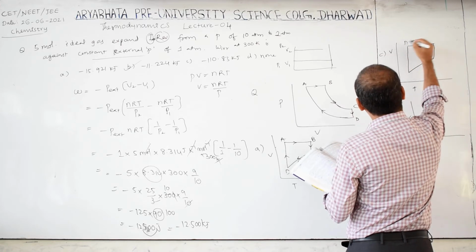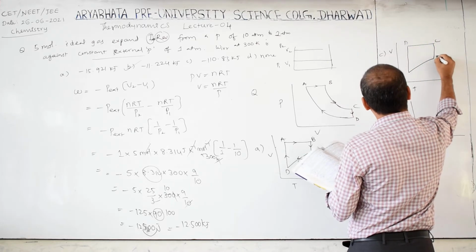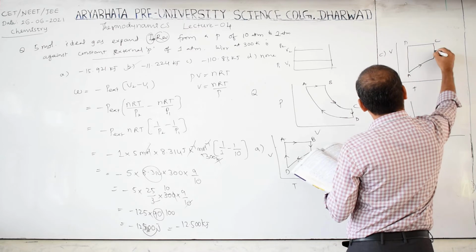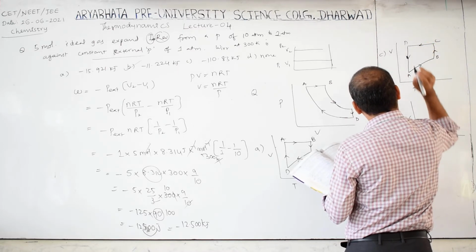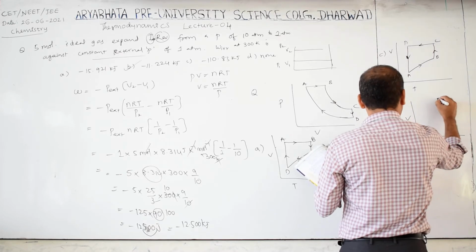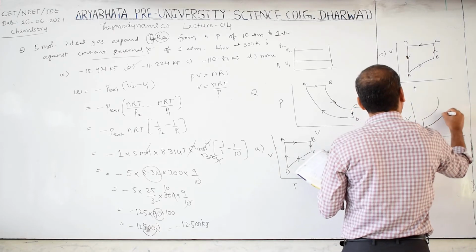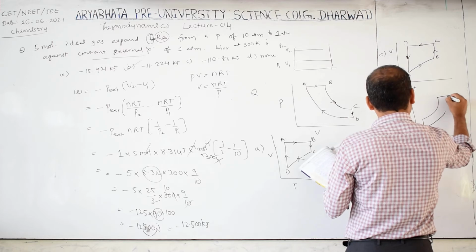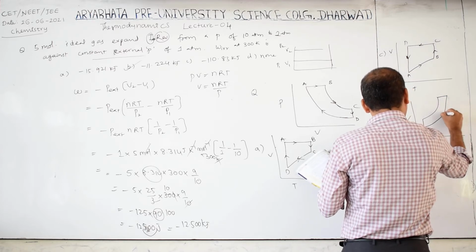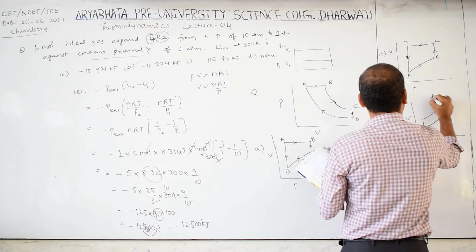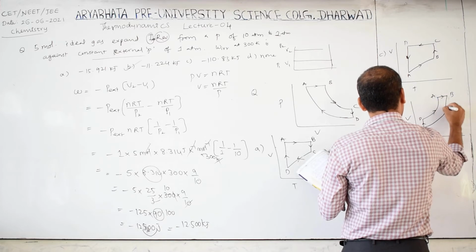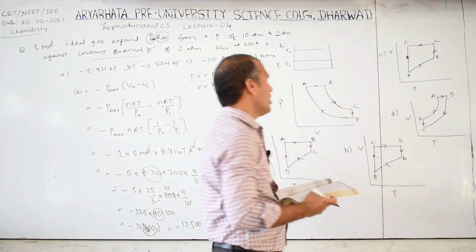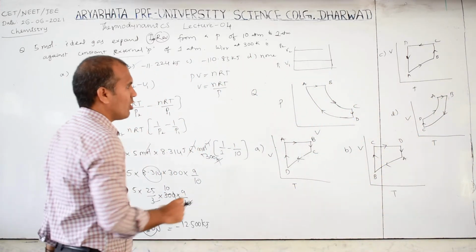Then this is D, this is C, this is B, this is A. Then like this, A, B, C, D. Then which graph corresponds like this?